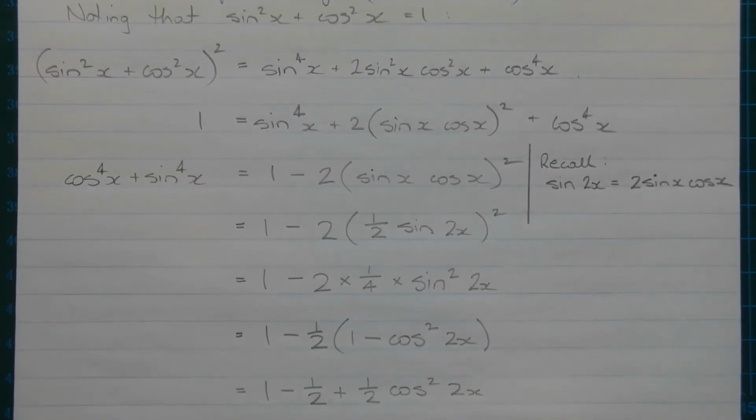Now using another Pythagorean identity, this time on sine squared 2x, we can express sine squared 2x as 1 minus cos squared 2x. So the right hand side of the equation becomes 1 minus half, open bracket, 1 minus cos squared 2x. Now this half here comes from 2 times 1 over 4, and that's where this comes from.